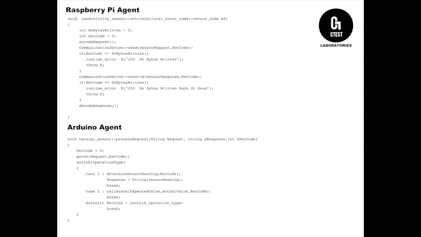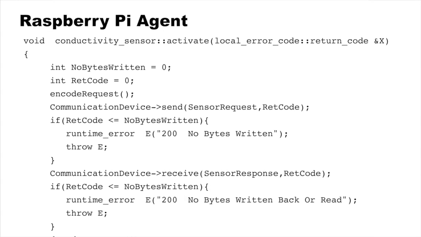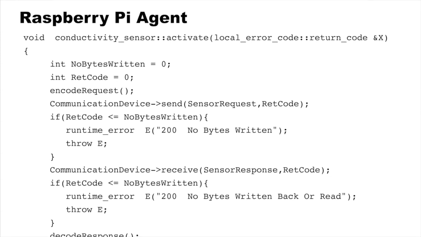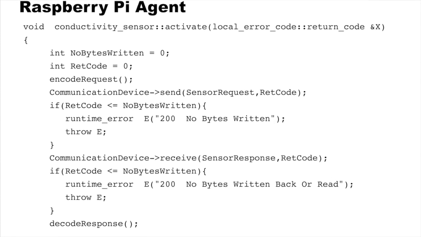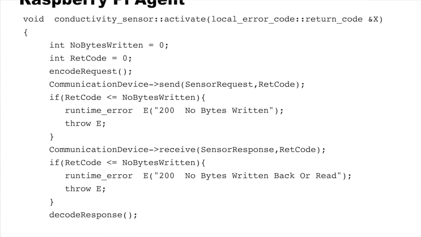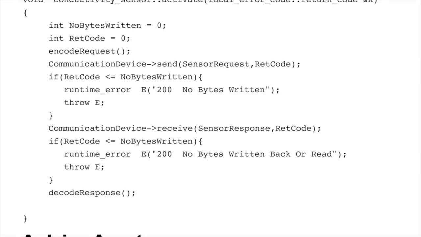The other method has been implemented on the Arduino. And this is just the Raspberry Pi sending a request to the Arduino to do a connectivity measurement, right? So you can take a look at that code. Clearly, this is the kind of thing you might have to go back to and stare at a couple of times.